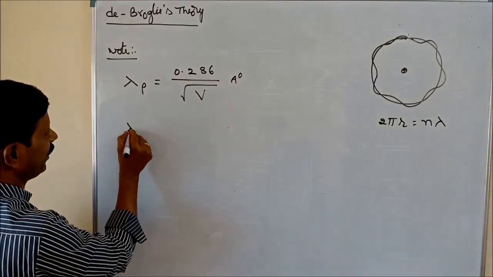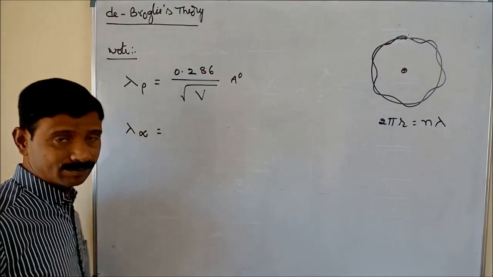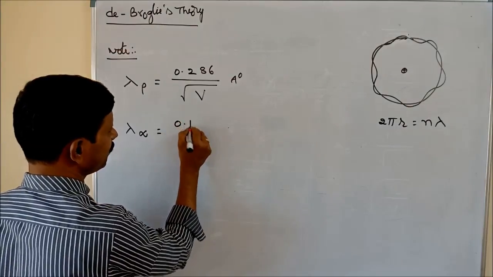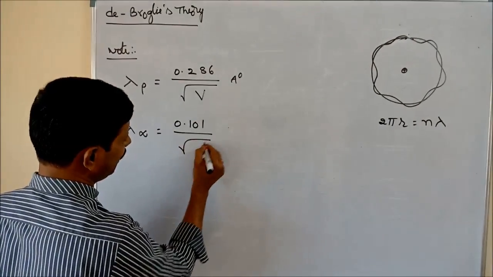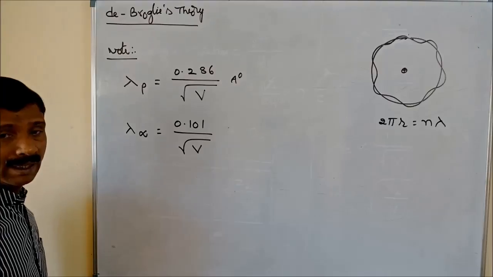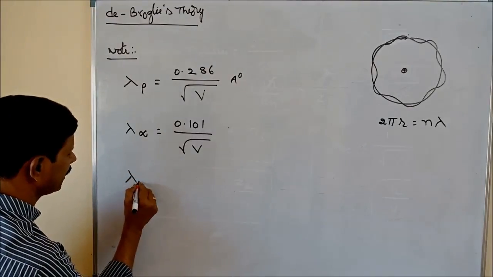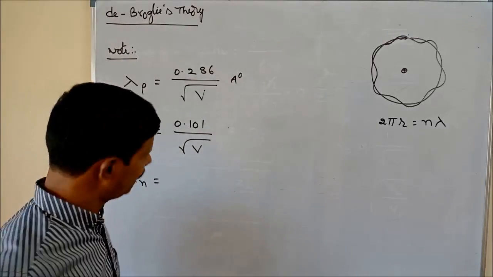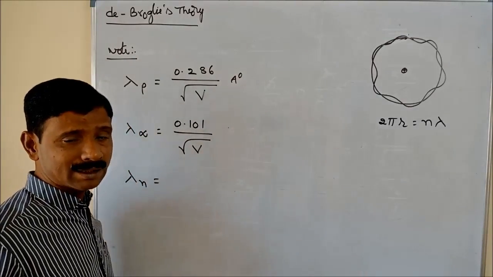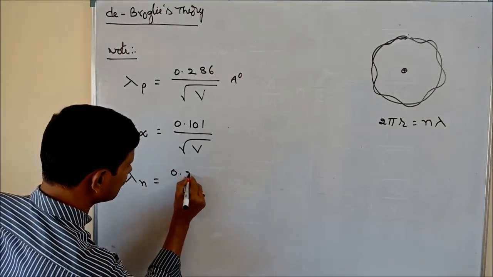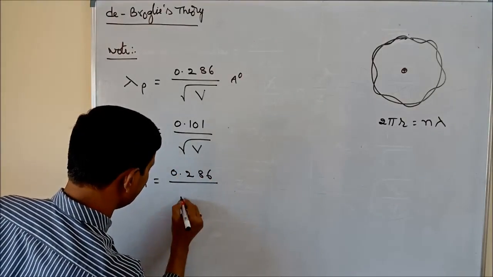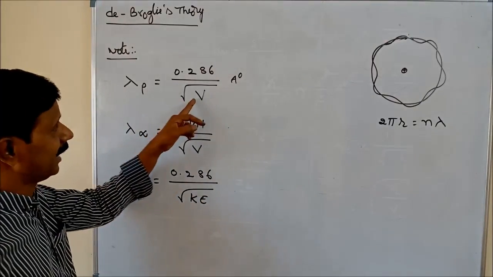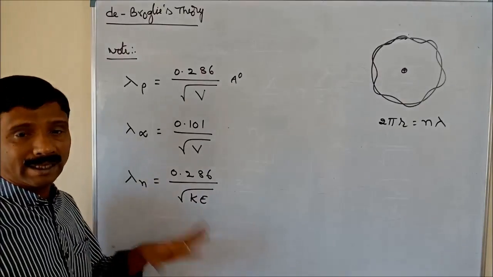And similarly, the wavelength of the alpha particle, if it is accelerated by potential V, is 0.101 by root V. And now, wavelength of the neutron: potential is not going to influence it because it is a neutral particle. So they used to give its kinetic energy. So as per that, 0.286 by root KE. So here it is accelerating potential and here it is kinetic energy.